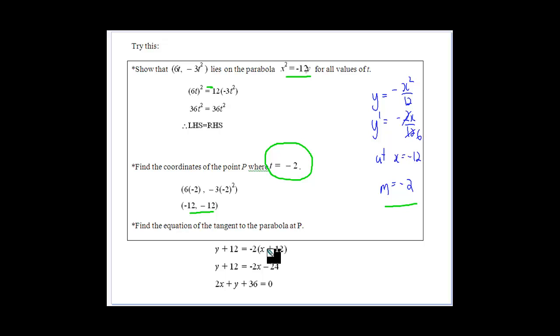We substitute our point and gradient in, and we get our equation of 2x + y + 36 = 0. So you can see that where t is equal to minus 2, it gives us that point and also gives us the same value as the gradient. That will work all the time.